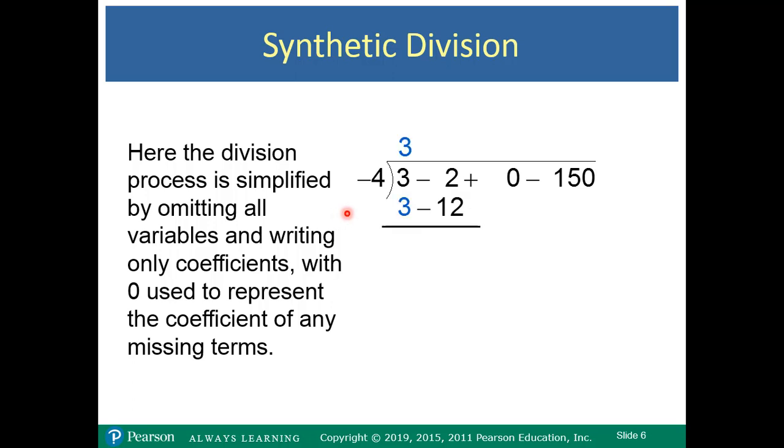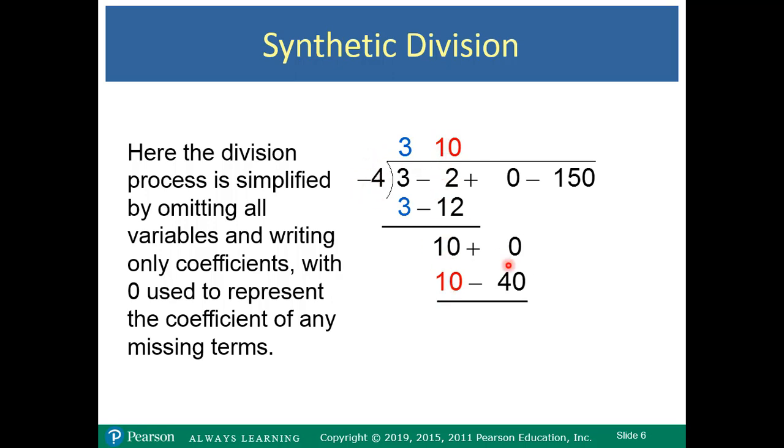Okay, so again, we need to get rid of the 3, so we put a 3 here, bring the 3 up, and then we multiply. We get the minus 12, and then we subtract, and then we get 10, and we need a 10 here, so we put a 10 here, so we're repeating this.